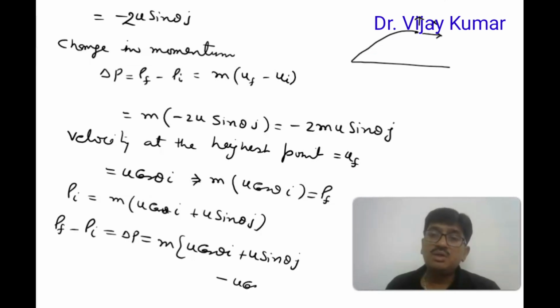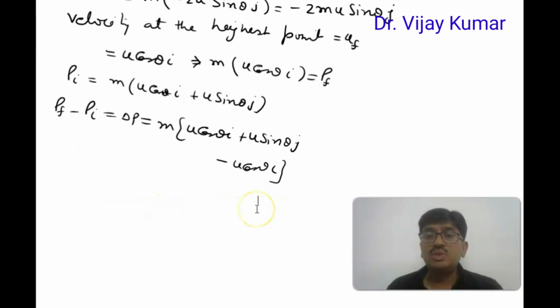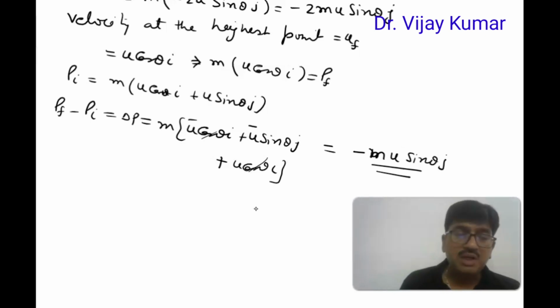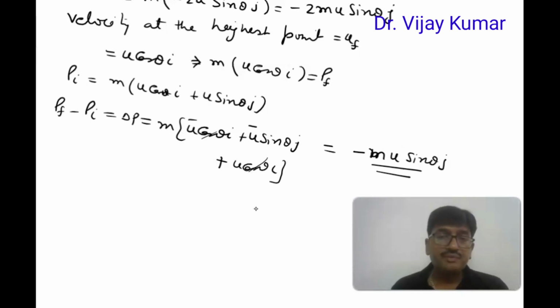So it should be plus and it should be minus, so it cancels out, and the change in momentum becomes minus m u sin theta j. This is the change in momentum with respect to the highest point and the initial point.